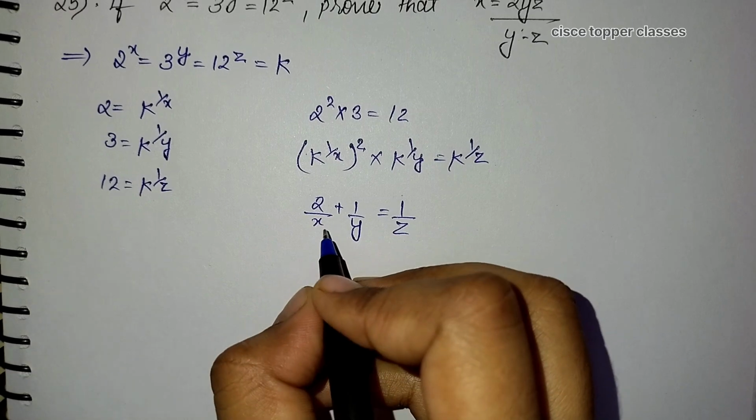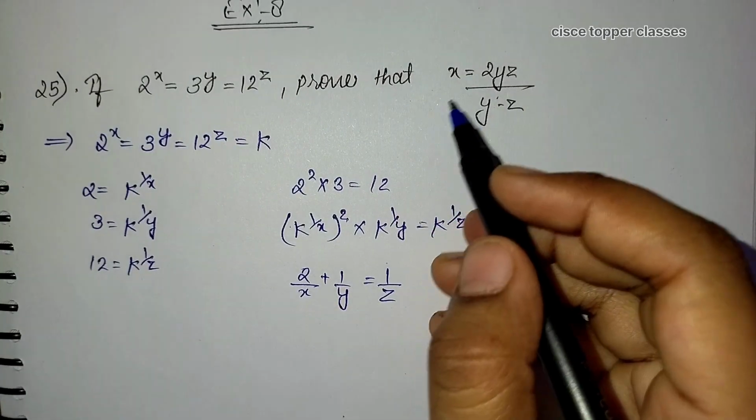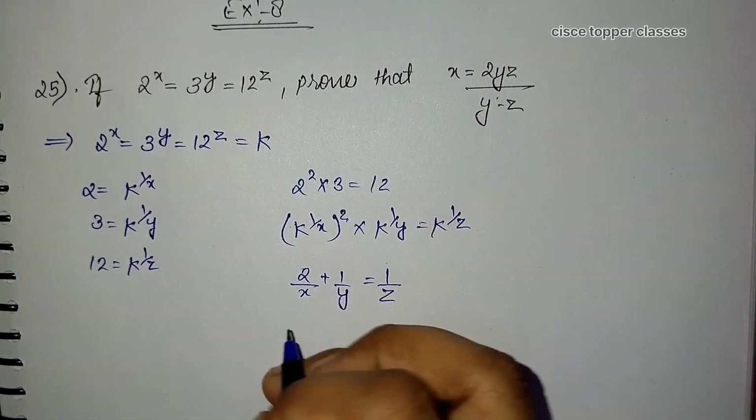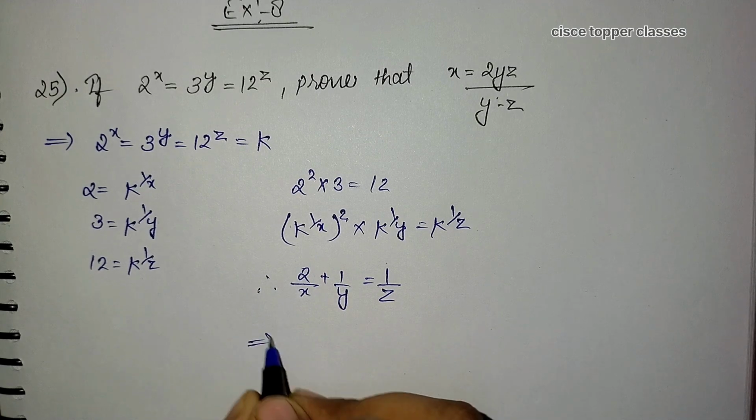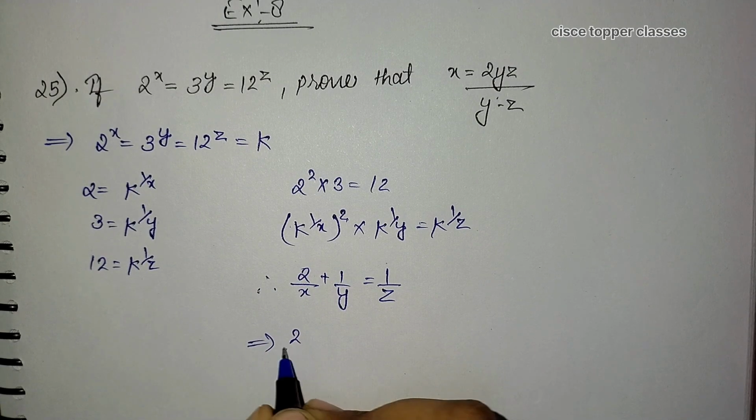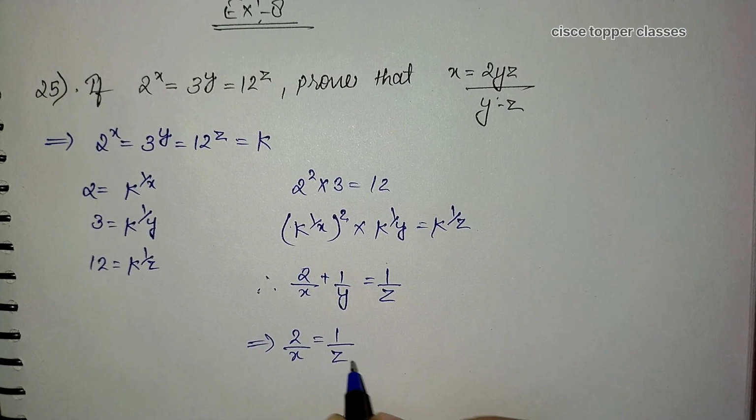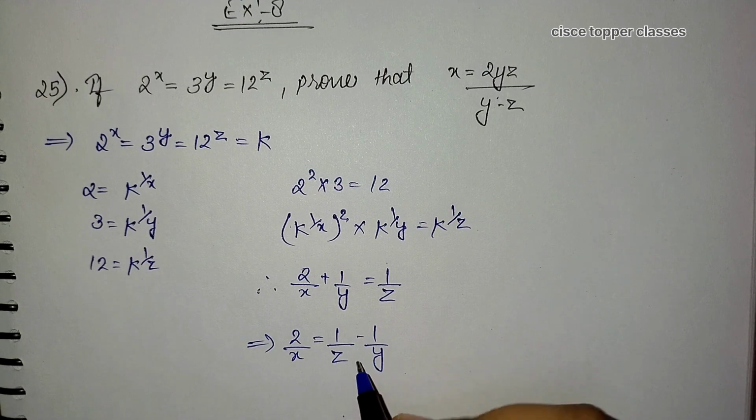Now we have to prove the value here as x is equal to 2yz divided by y minus z. So here we can write it as 2 by x equal to 1 by z minus 1 by y.